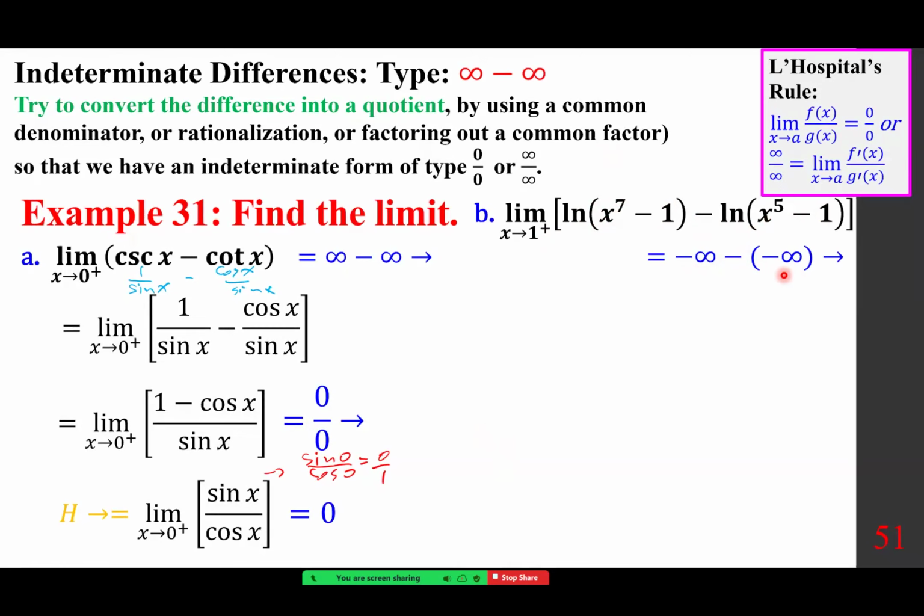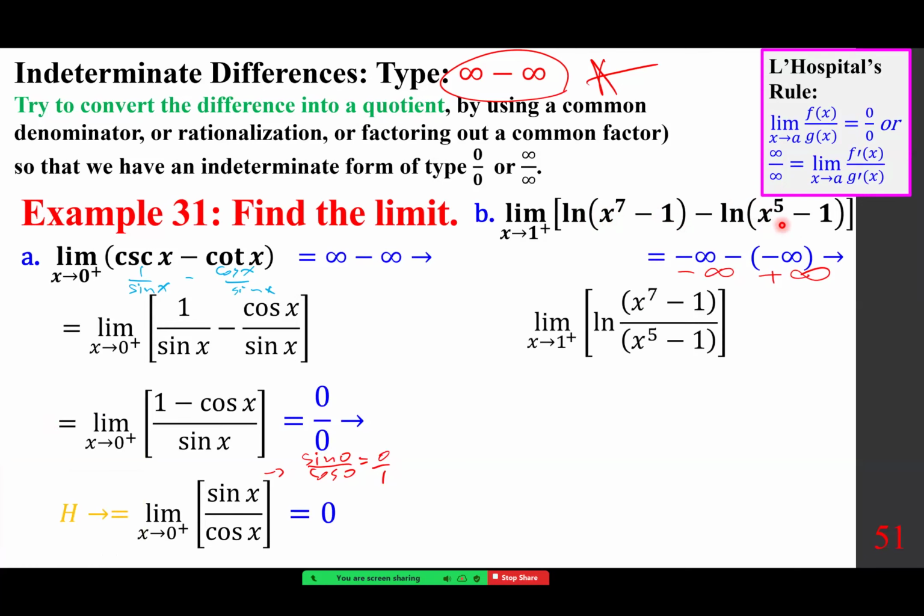Let me just write that in case anybody needs to see it. So this in essence is minus infinity plus infinity, the same as the previous one. And so we have to use some sort of a technique. I hope you see that we can combine these two using the quotient rule, which becomes ln of x to the power of 7 minus 1 over ln of x to the power of 5 minus 1.